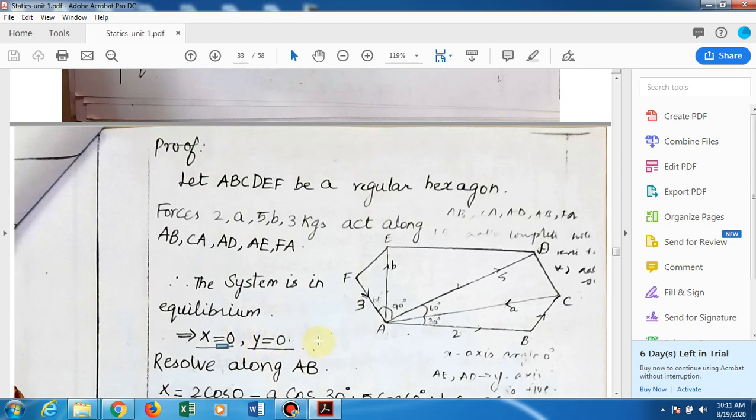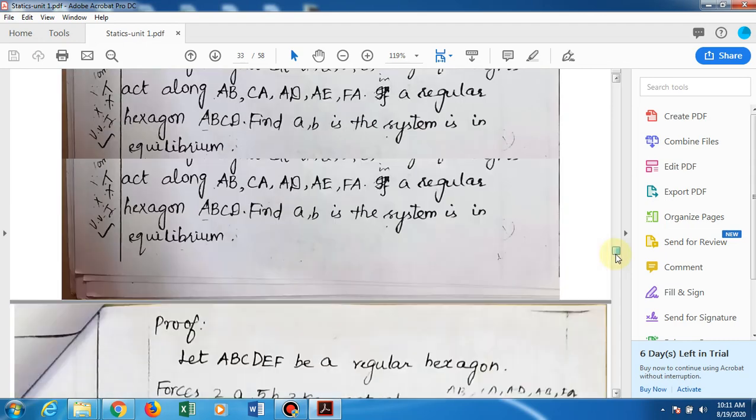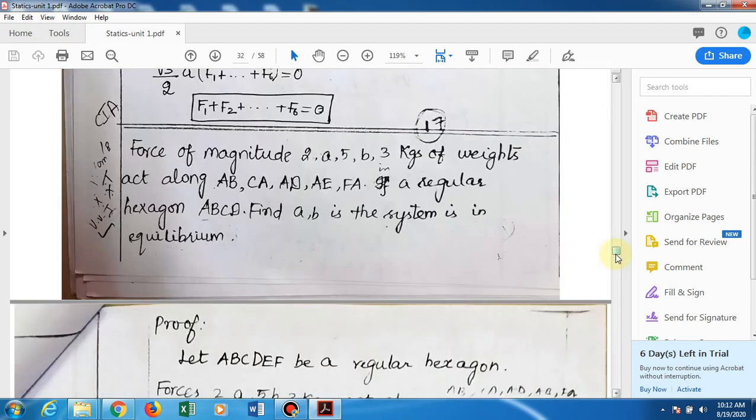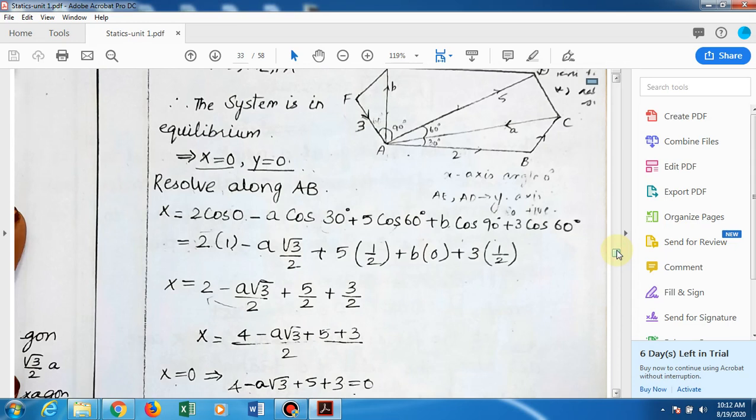Resolve along AB. You know that, as I have said in many problems before. See how to resolve.